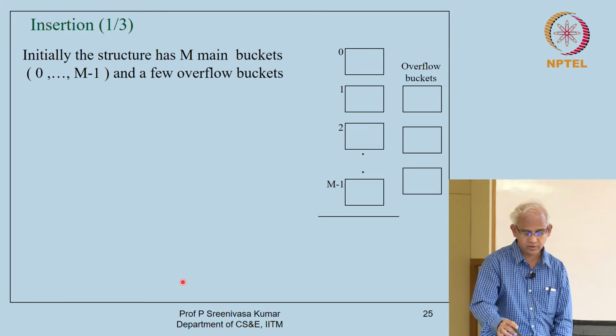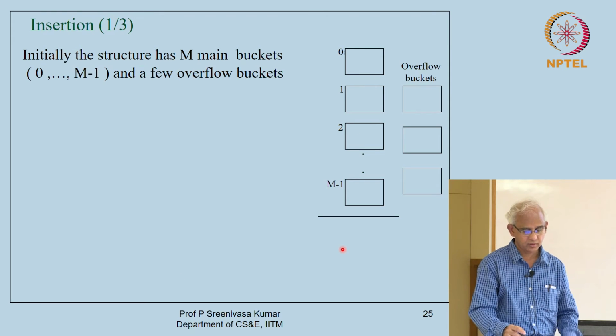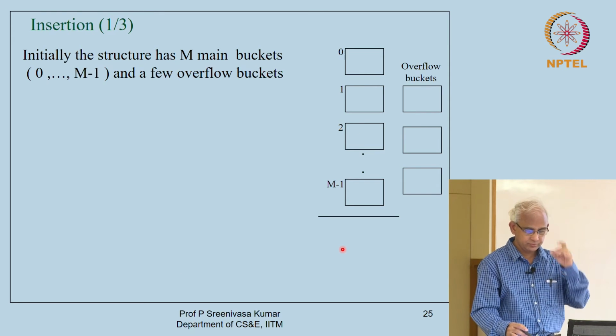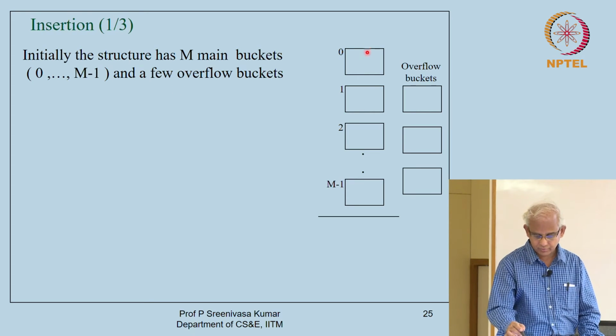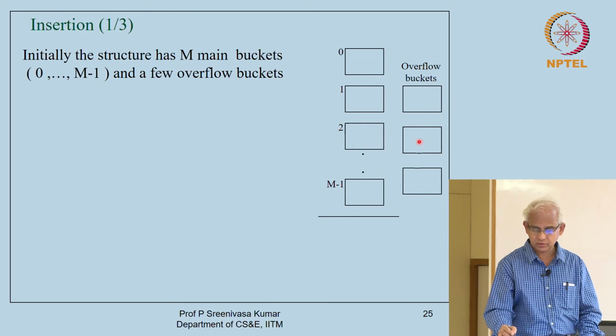Okay. Here is how the structure looks like. Here is 0, 1, 2, 3, up to m minus 1, these are the main data buckets, and a few overflow buckets are assumed to be existing. Okay.